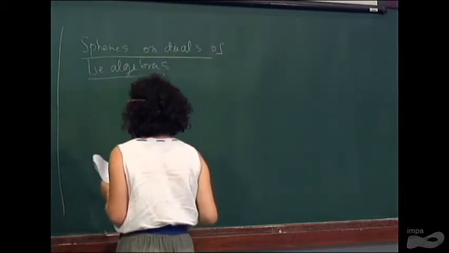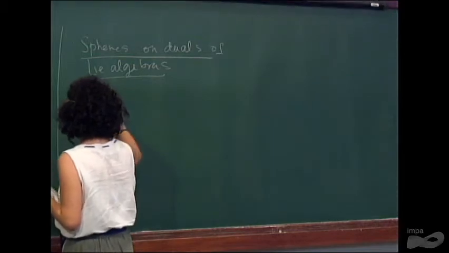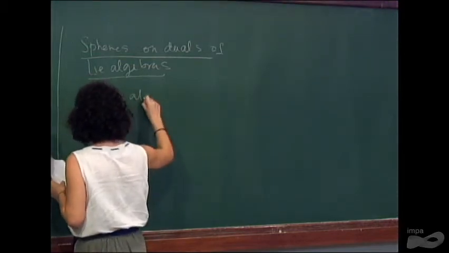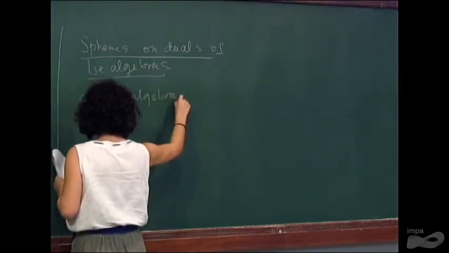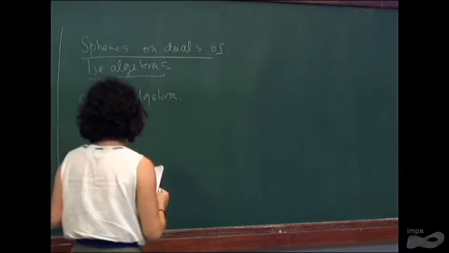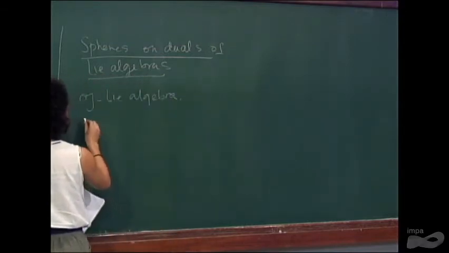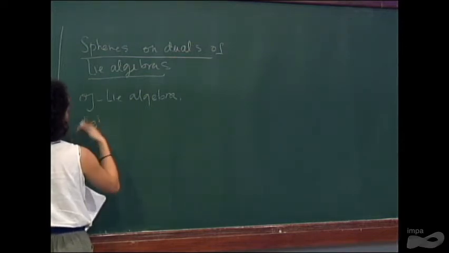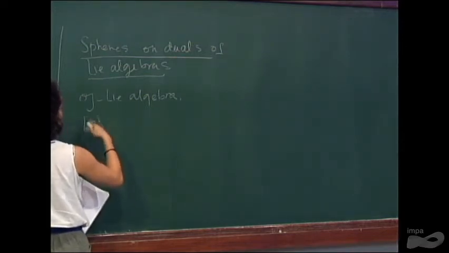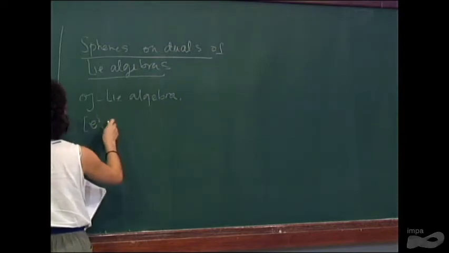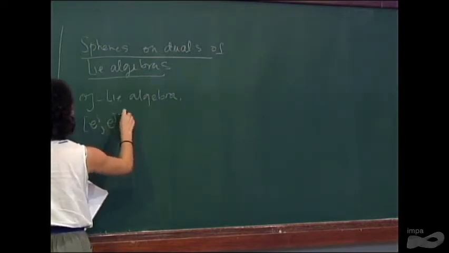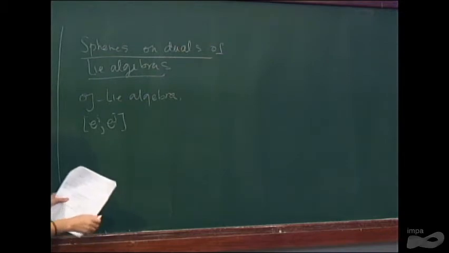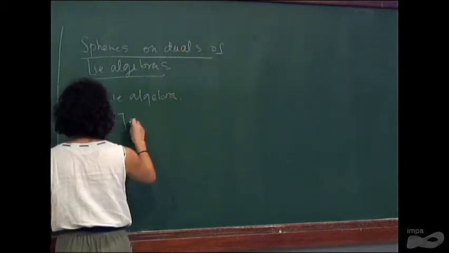Okay, so you have a Lie algebra G. And you take a basis, E1 up to En, let's say, and then you look at the structural constants.